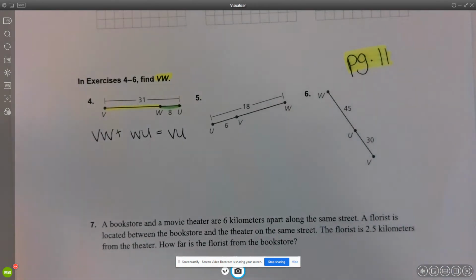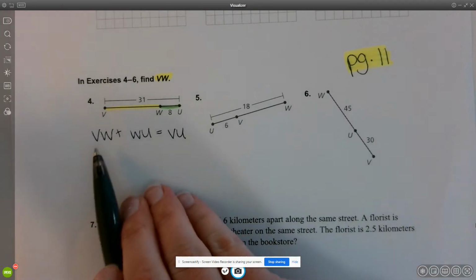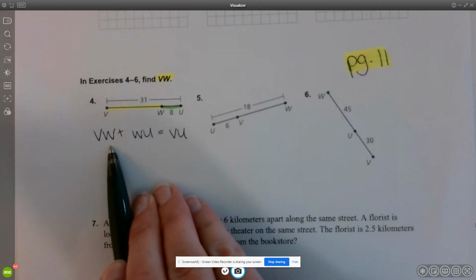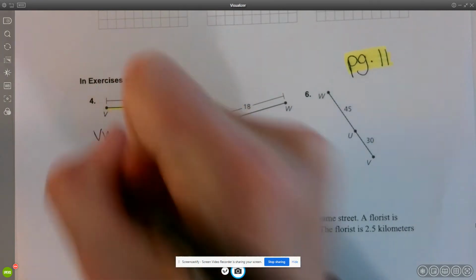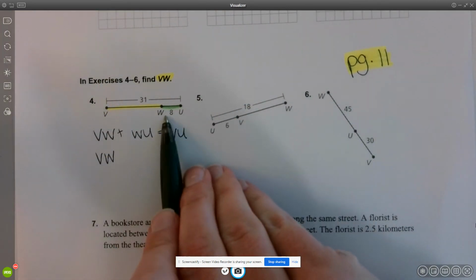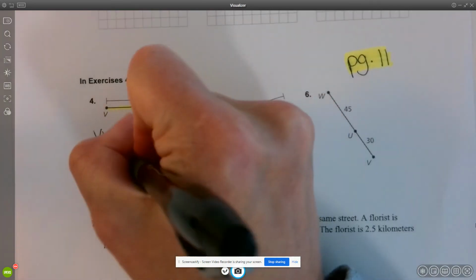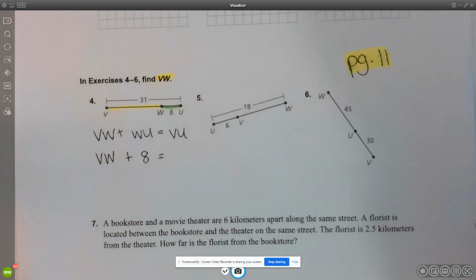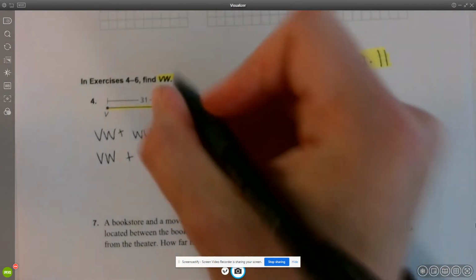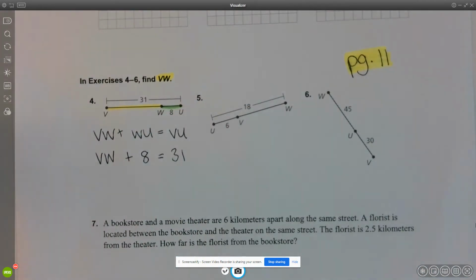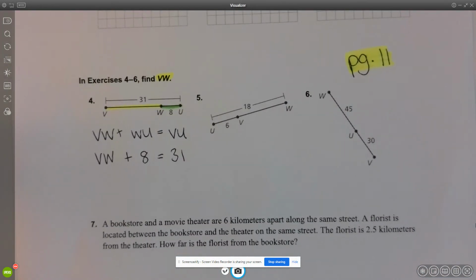And now I'm just going to substitute the lengths that I do know into my equation. I don't know the length of VW, so I'm just going to keep it. WU has a length of 8, and VU has a length of 31. So now I just need to solve this equation to find the length of VW.